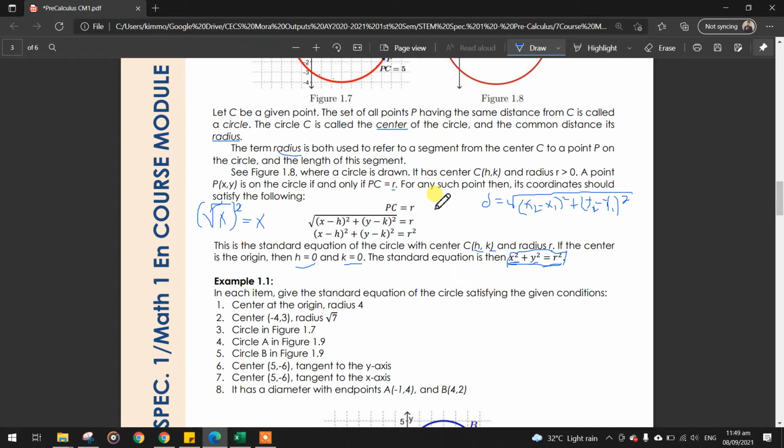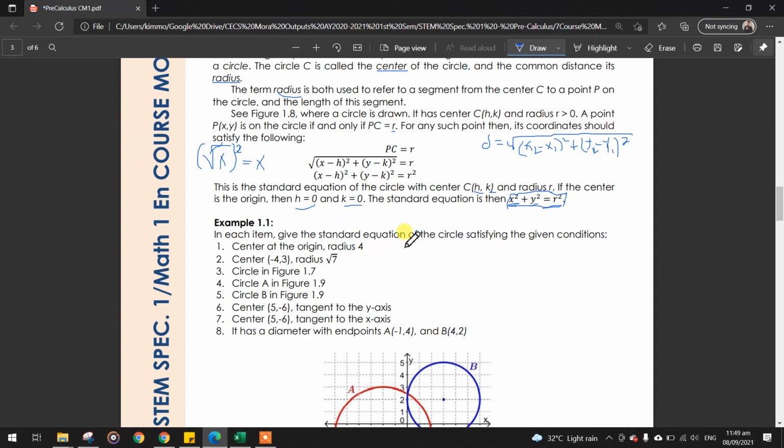In each item, give the standard equation. Meaning this one, this is our standard equation. So we will find the standard equation given the following conditions. In our standard equation, what are the unknowns here? Our unknowns are our center, which is h and k, and the radius.